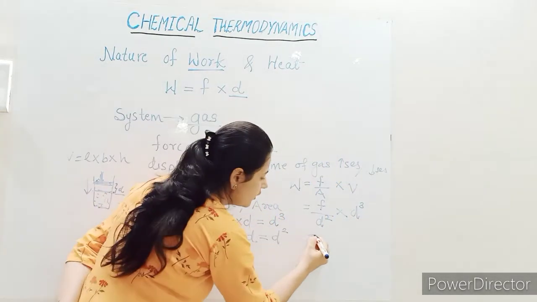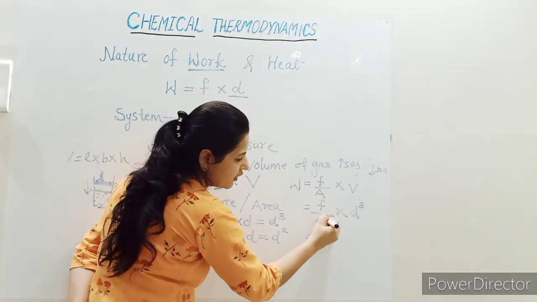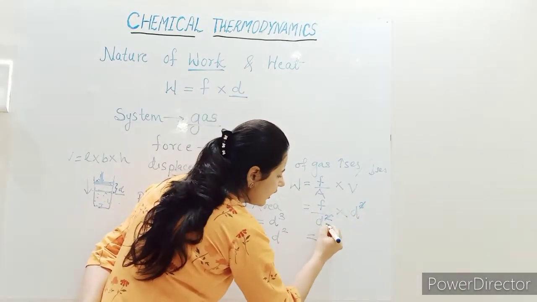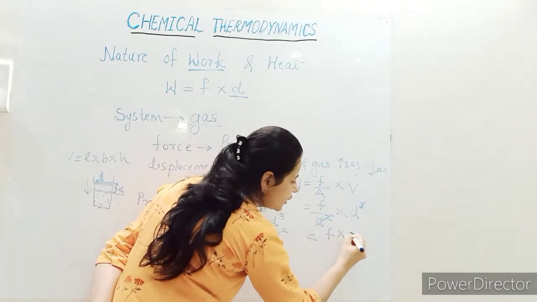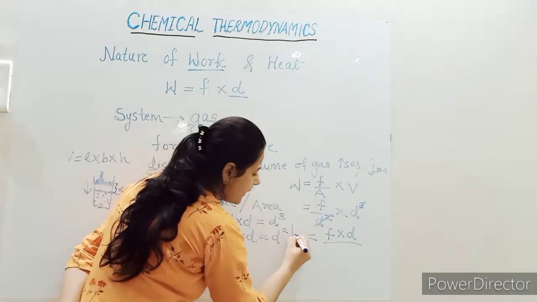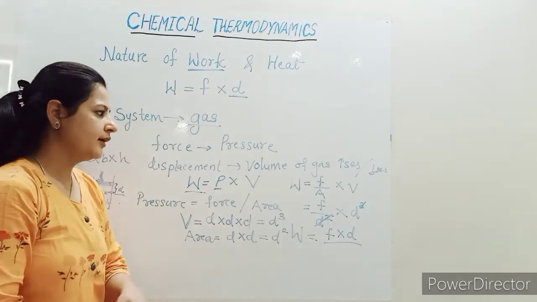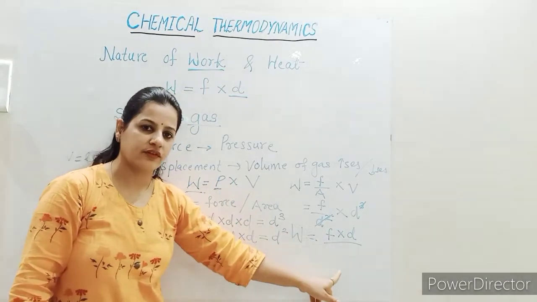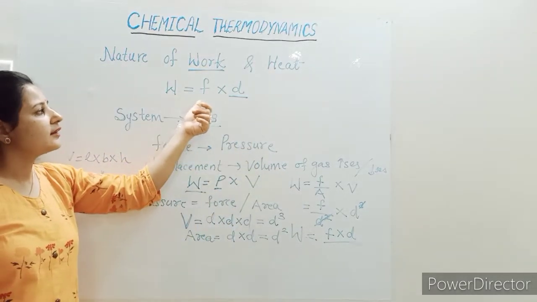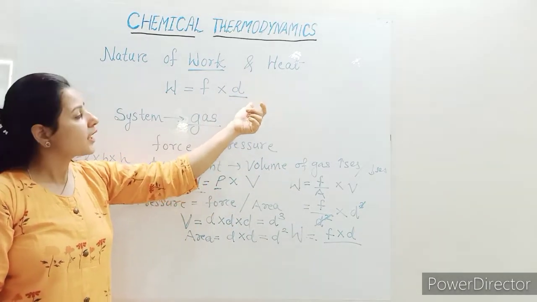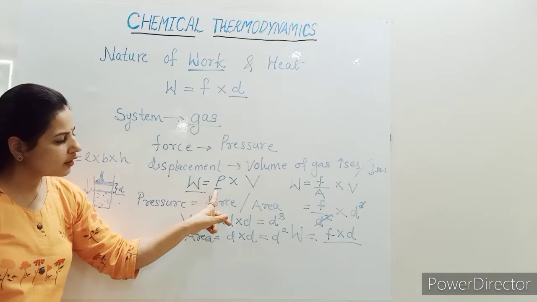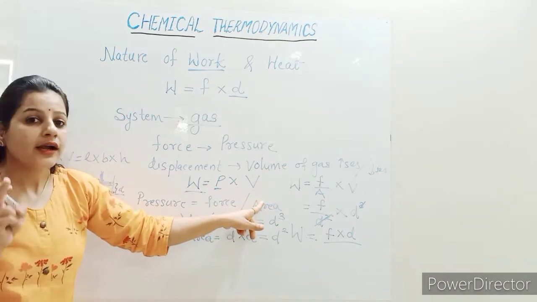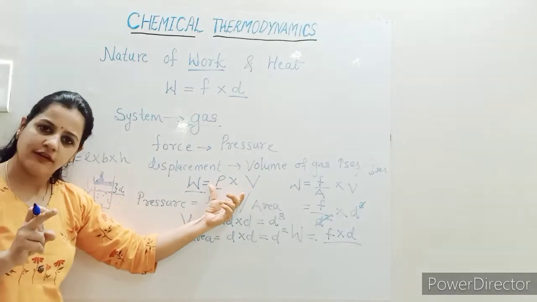If I solve this, the square and square get cancelled, and we get the answer as F into d. So from here we have reached this conclusion: the work done, that is force into displacement, can also be written as work equals pressure into volume for a system consisting of a gas.